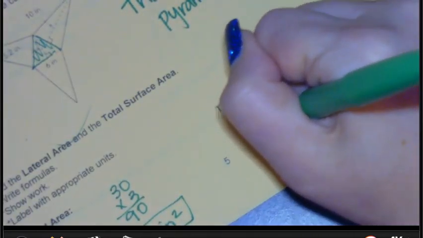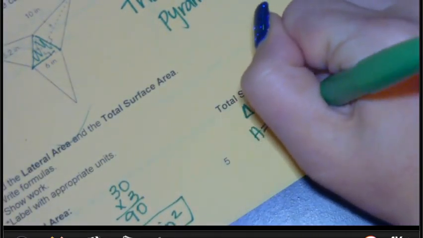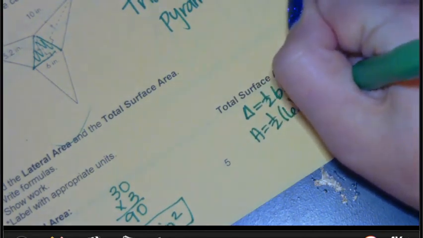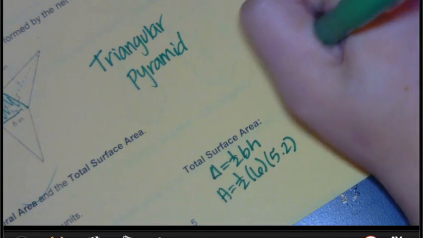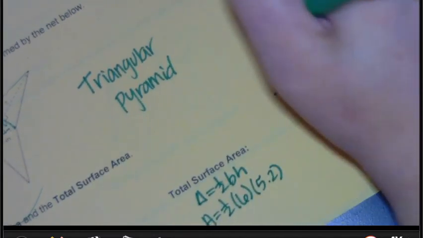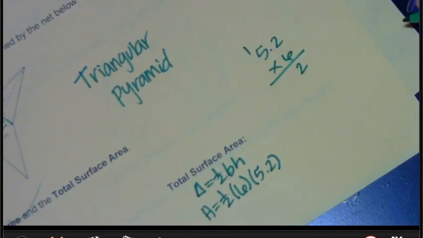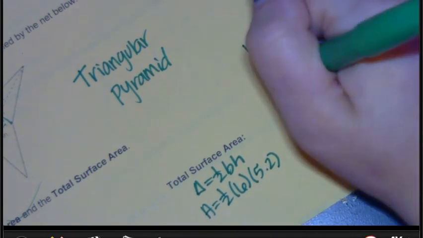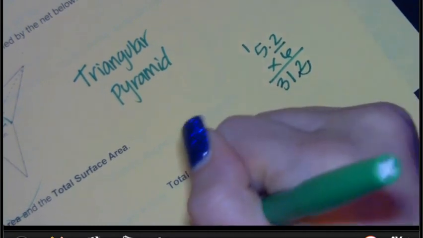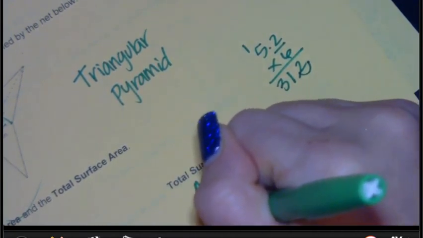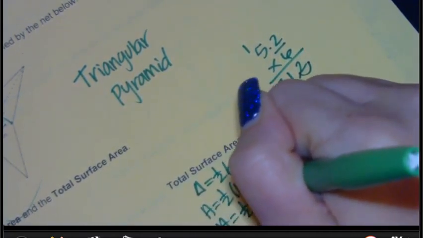So I have area equal to 1/2 times the base of 6 times the height of 5.2. 5.2 times 6: 6 times 2 is 12. Carry the 1. 6 times 5 is 30, plus 1 more is 31. I have 1 decimal place, so I move my decimal 1 time. Area is equal to 1/2 times 31.2.